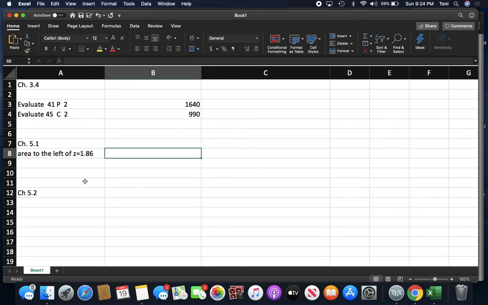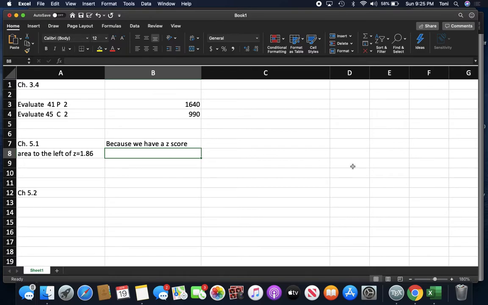Okay, so note once again that we have a z-score. Since we have a z-score, we're allowed to use the standard normal distribution function in Excel. And I guess before we begin, the function that's built in Excel only calculates areas to the left of z-scores.